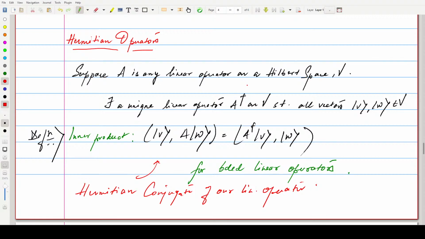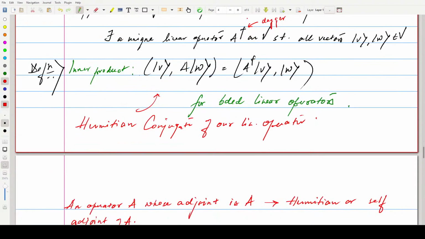So suppose A is any linear operator on a Hilbert space, and there will exist a unique linear operator A dagger on V such that for all vectors v, w belonging to V, the inner product relation shall hold. So this is by definition what we mean by a Hermitian conjugate, or the adjoint, however you put it.